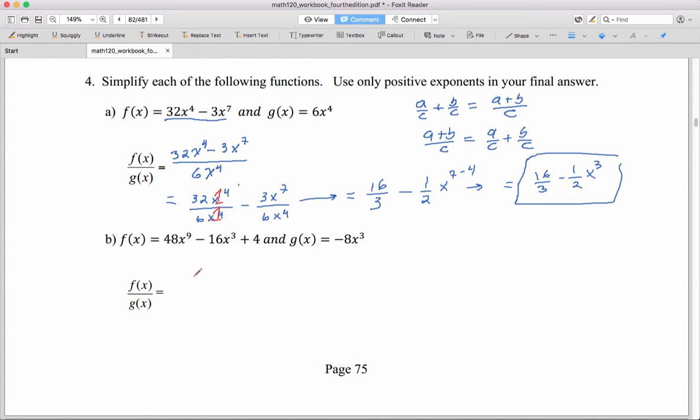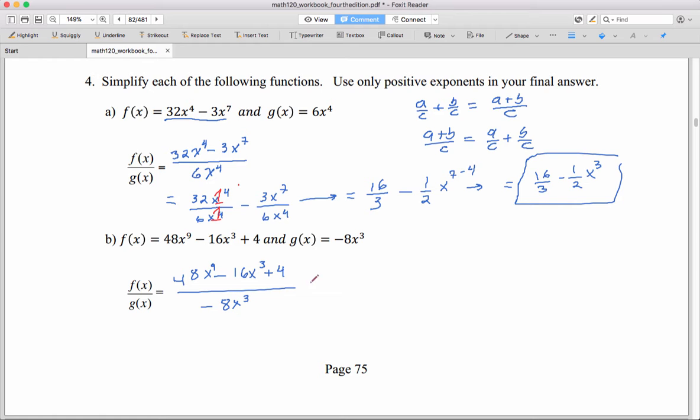Okay, let's go take a look at part B. Got 48x to the 9th minus, let's make that look more like an exponent there. There we go. Minus 16x to the 3rd plus 4, all of that divided by negative 8x cubed.